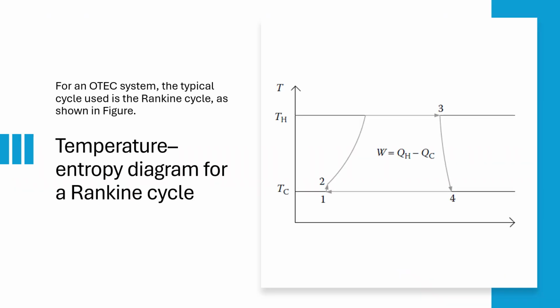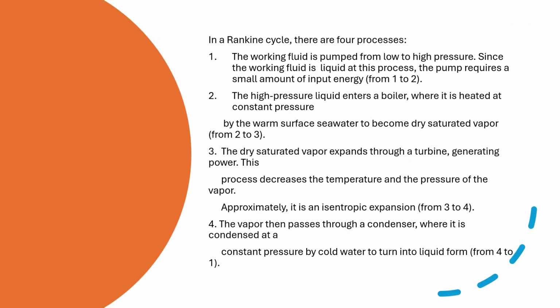For an OTEC system, the typical cycle used is the Rankine cycle, as shown in the figure. This is the temperature entropy diagram for a Rankine cycle with TC and TH temperatures. From 1 to 2, 2 to 3, 3 to 4, and 4 back to 1, there are 4 processes.